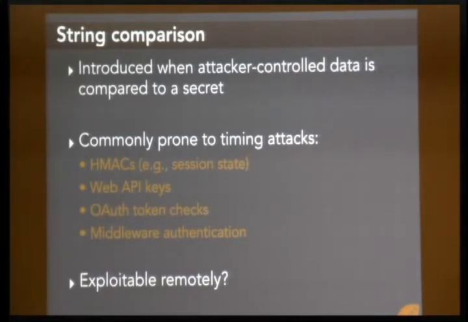Similarly with API keys and OAuth tokens, they're usually implemented as opaque blobs, sometimes using HMACs as well. And even authentication, if it's storing passwords insecurely, comparing them in memory, again, you have a side channel. Anytime you see this in a code base, it is an issue, especially with HMACs. It's undermining the secure properties of that crypto primitive, so it's something you want to call out and something that should be fixed.